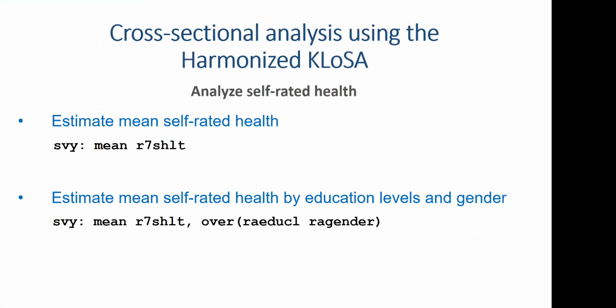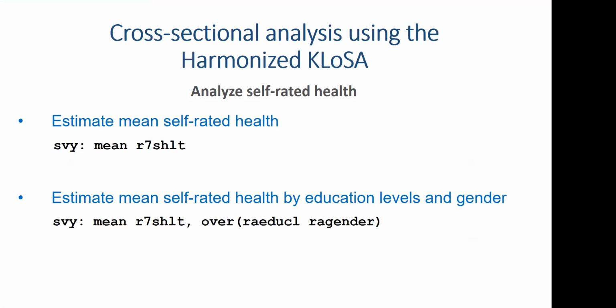So I think we should first estimate the mean for self-rated health for the population covered in the KLOSA sample. So that is people age 45 and over in South Korea. To recall the svyset information that we gave Stata about our survey design and how we want our estimates weighted, we're going to say svy, which tells Stata to recall what it was already told, then ask for the mean of R7SHLT.